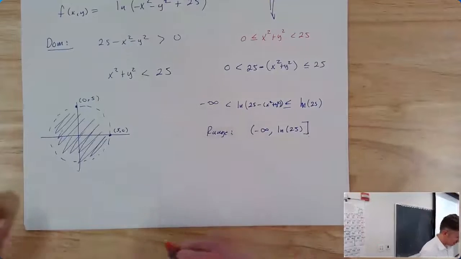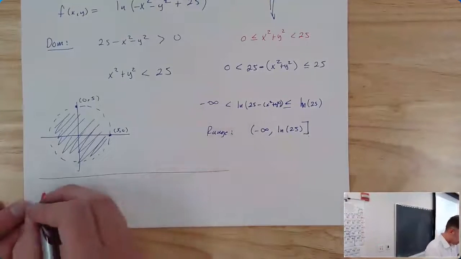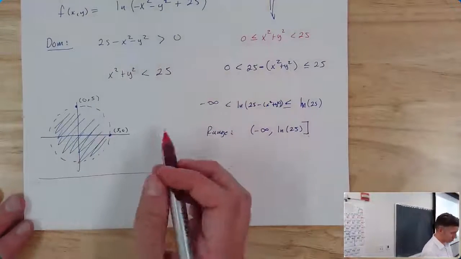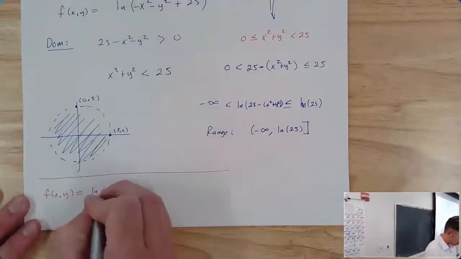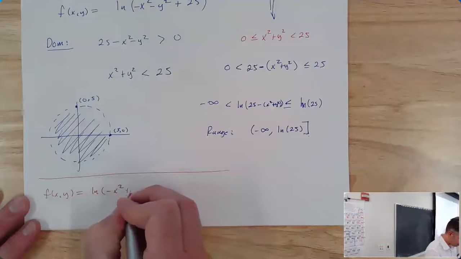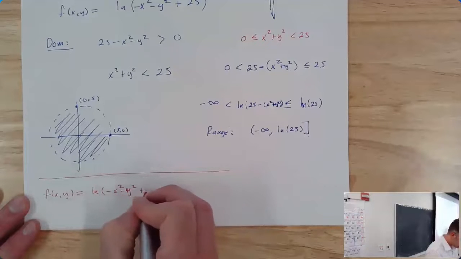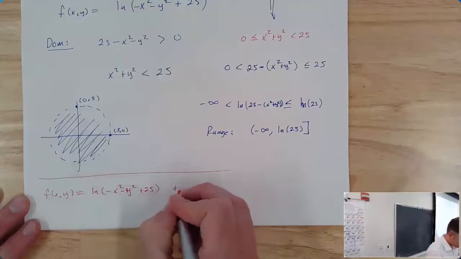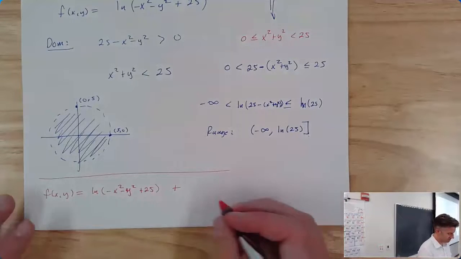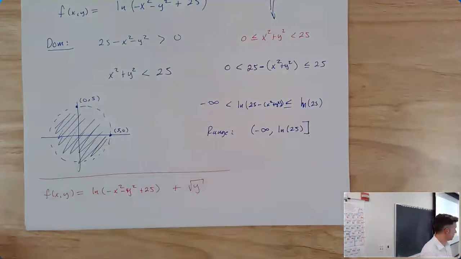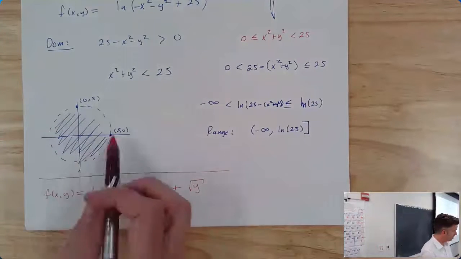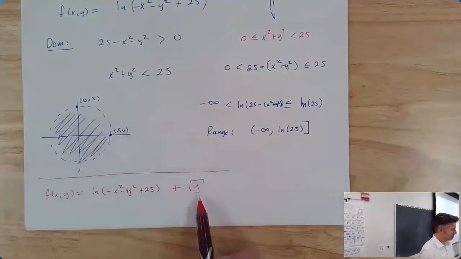So what I would say is, if we had the same function that I had before, f of x, y still equal to the natural log of negative x squared minus y squared plus 25, but then I've decided to add on the square root of y. So now, in addition to this requirement that we're living inside this circle, what else has to be true about y?